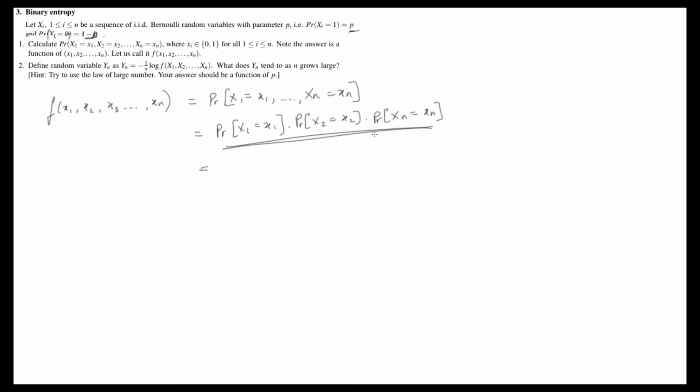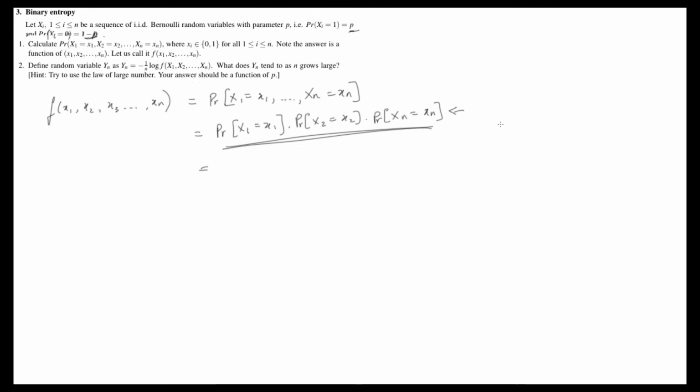So all you have to notice is that when capital Xi takes the value 1, that particular term is going to be p in this product right here. And whenever small xi is going to be equal to 0, then that particular term is equal to 1 minus p.